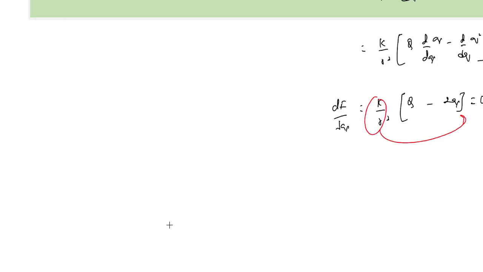So what remains is Q minus 2q equal to 0. Therefore q is equal to capital Q by 2. So when the charge is exactly divided into two equal halves, then the force becomes maximum. This is the answer to this. Thank you.